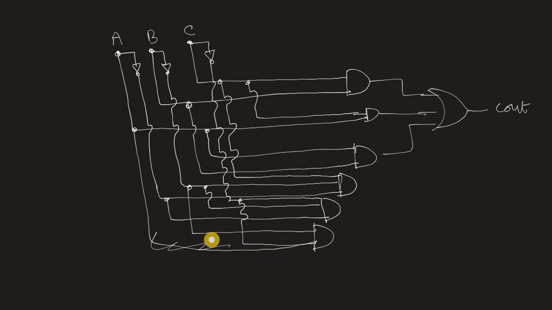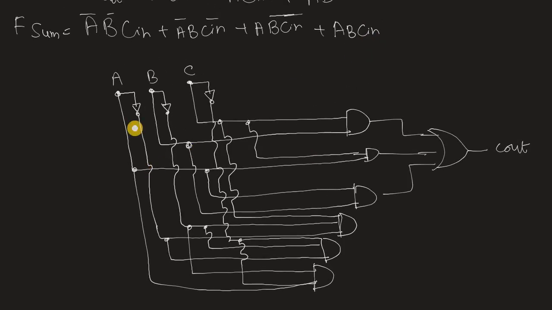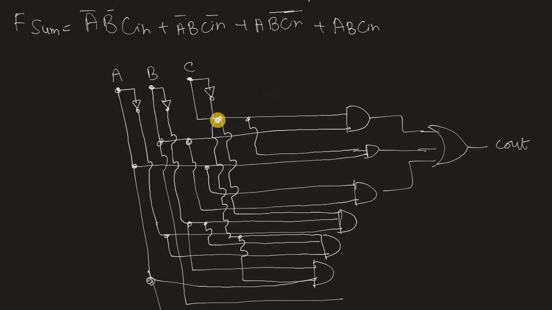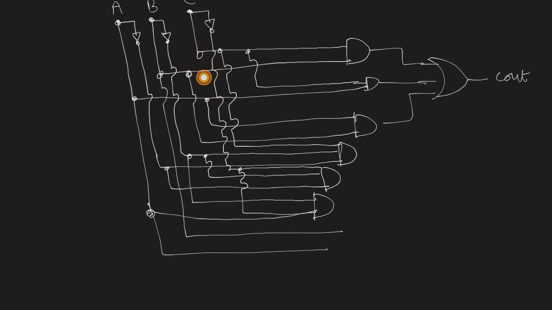I'm being so messy at this point, but I guess it's okay. So now we have a, b, and c only. Okay, a, then b, let's just take it from here, and then we have the c.